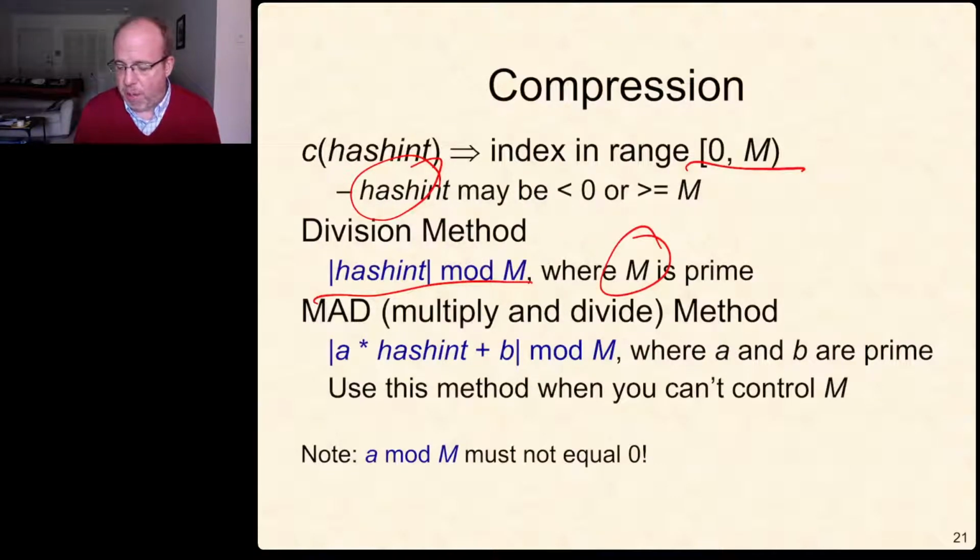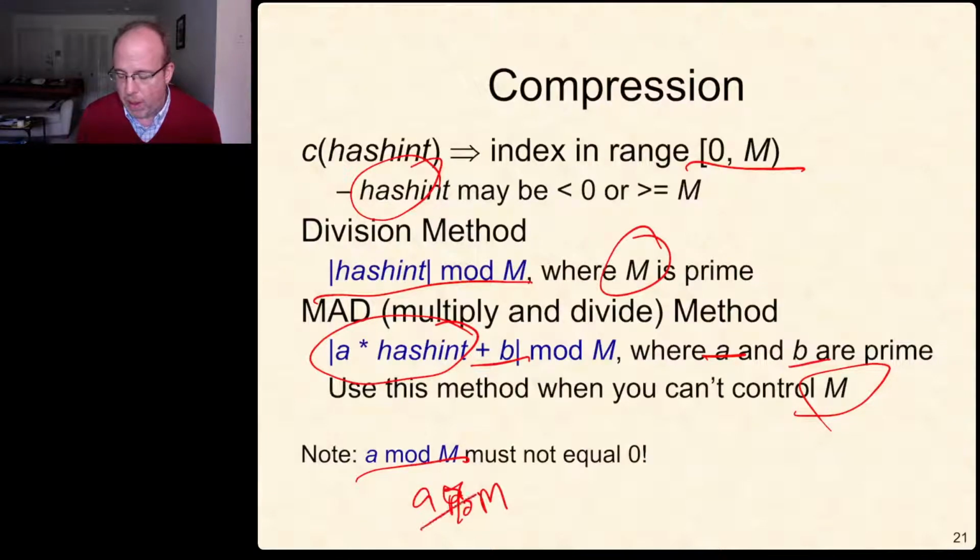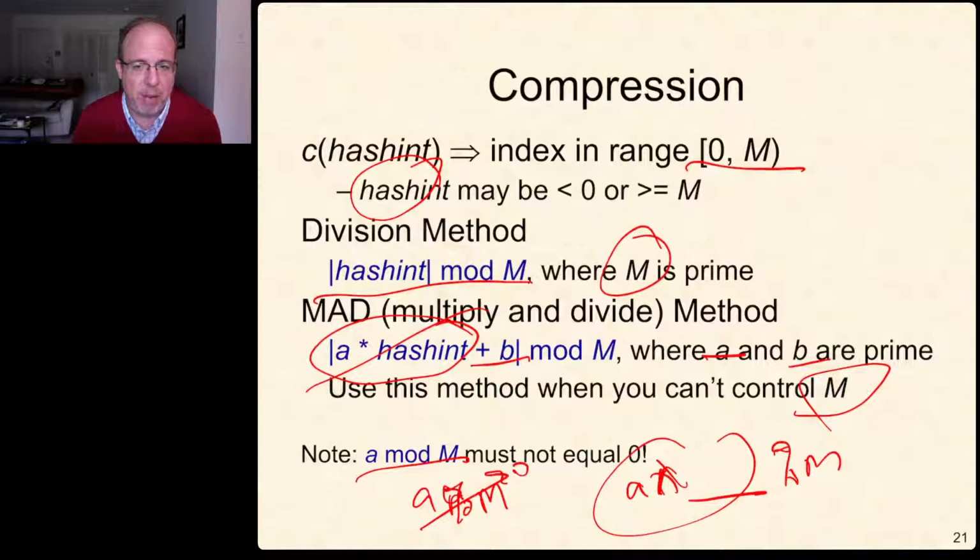So we'll take two prime numbers A and B, we'll multiply the hash integer by A, we'll add another prime B to it. That will probably not have very many factors in common with M that someone else has chosen for you. And the really important part is that A mod M had better not be equal to 0, because of the way modular arithmetic works, if A mod M is 0, then A times anything mod M is also 0, which takes the hash int out of the equation.